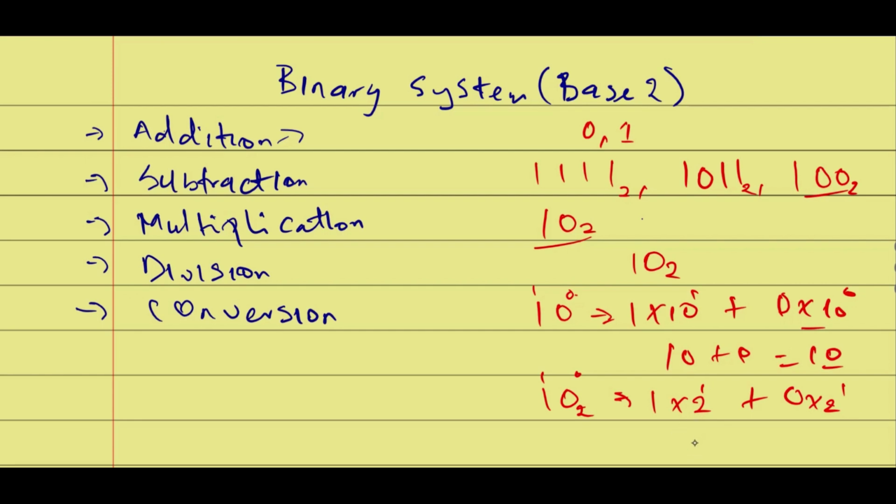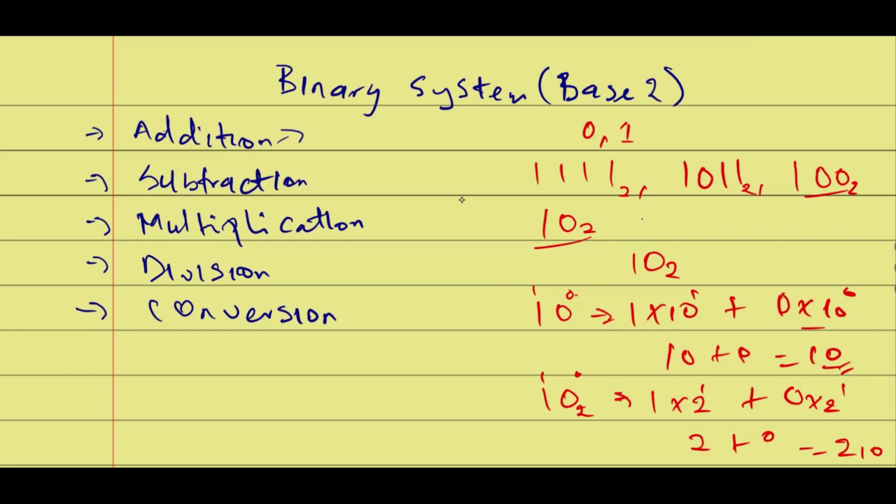So we have 2 to the power of 1, which is 2. So we have 2 plus 0, which is 2. So this is 2 in base 10. So writing 10 in base 2 and just writing 10 are two completely different numbers. This is why you always have to include the base you're representing.